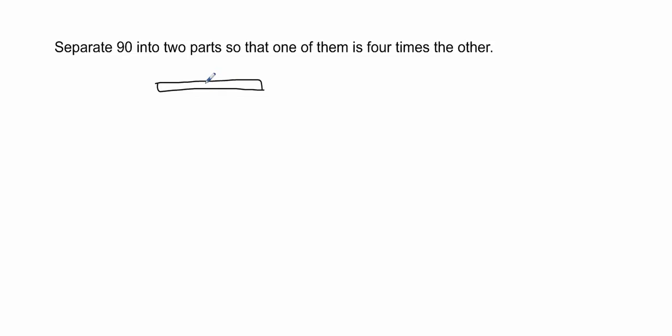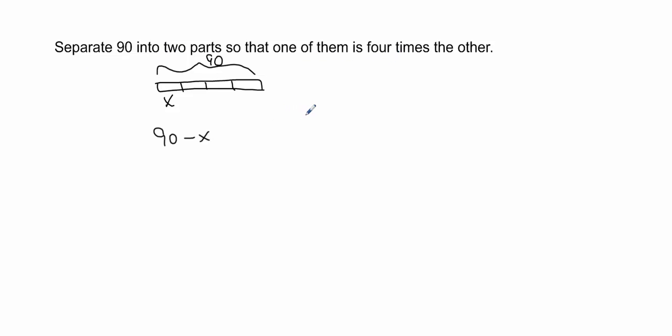So one of them has to be x, and the rest of it, since the total thing is 90, correct? If the whole thing is 90, then the rest is going to be 90 minus x. So here's your first part, here's the other part. Combine the two. Separate into 2 parts so that one of them is 4 times the other.